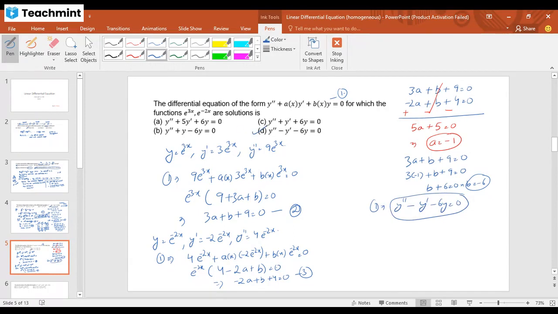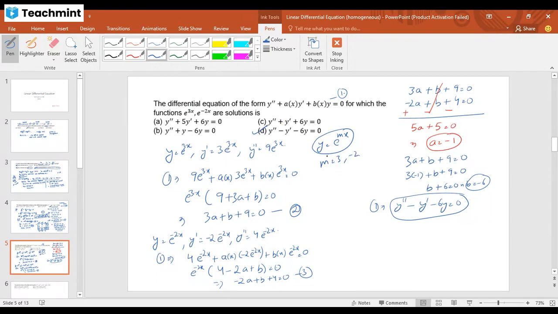This is one of the ways to get the solution of this problem, right? The other one is, you can see here, when we have a differential equation with constant coefficients, because all the four options are constant only. And we know that in the case of constant coefficients, we assume e raised to power mx as the solution. So if we compare here, we can get the values of m as 3 and minus 2.